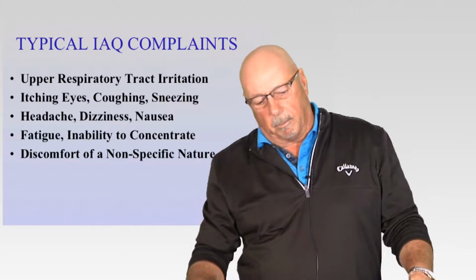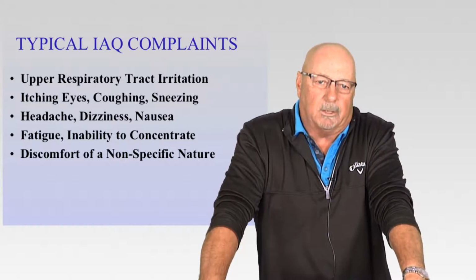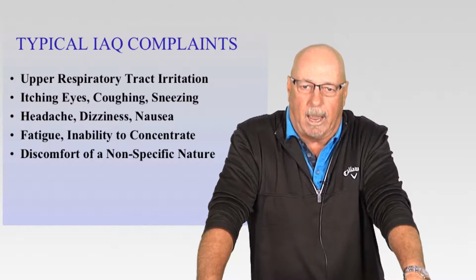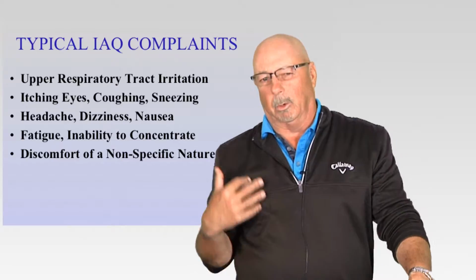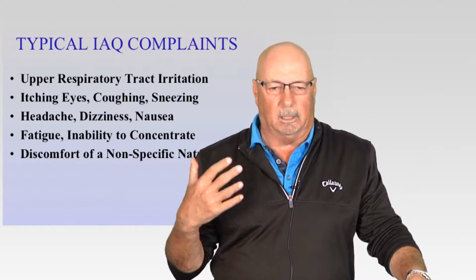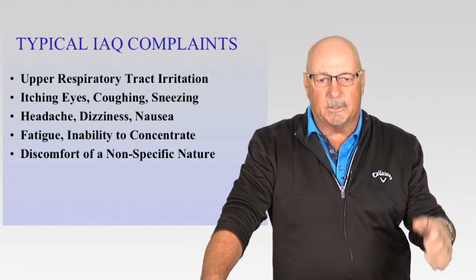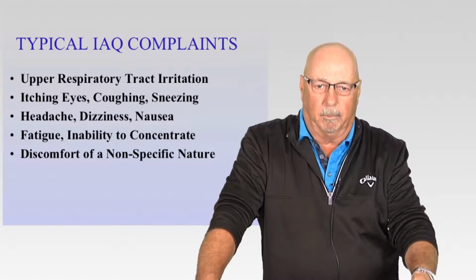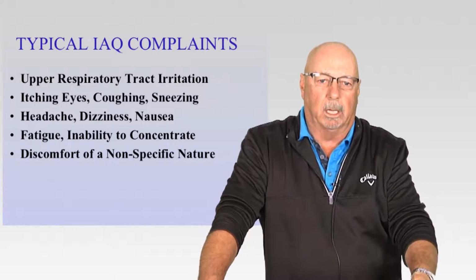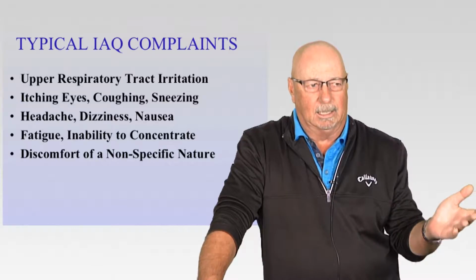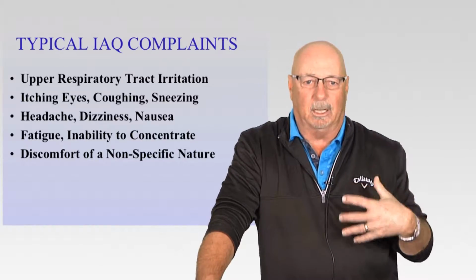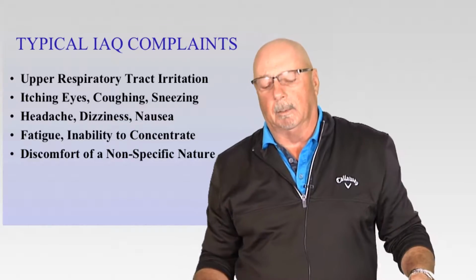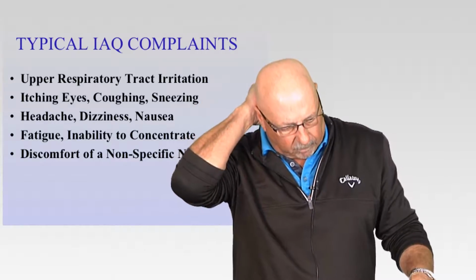So let's take a look at some of our typical indoor air quality complaints. Basically, people will start to complain that they're having upper respiratory tract irritation. That could be a sore throat, scratchy throat, coughing, sneezing, runny nose, itchy eyes, all of those types of symptoms. In addition to that, people will sometimes complain of getting headaches or feeling dizziness or nausea, upset stomach, fatigue, inability to concentrate, or just a sense of general discomfort with their work environment.